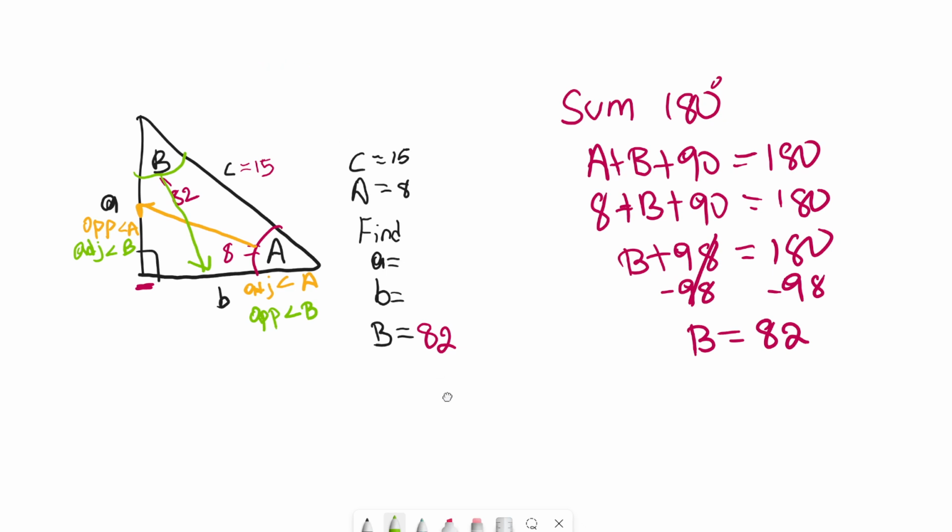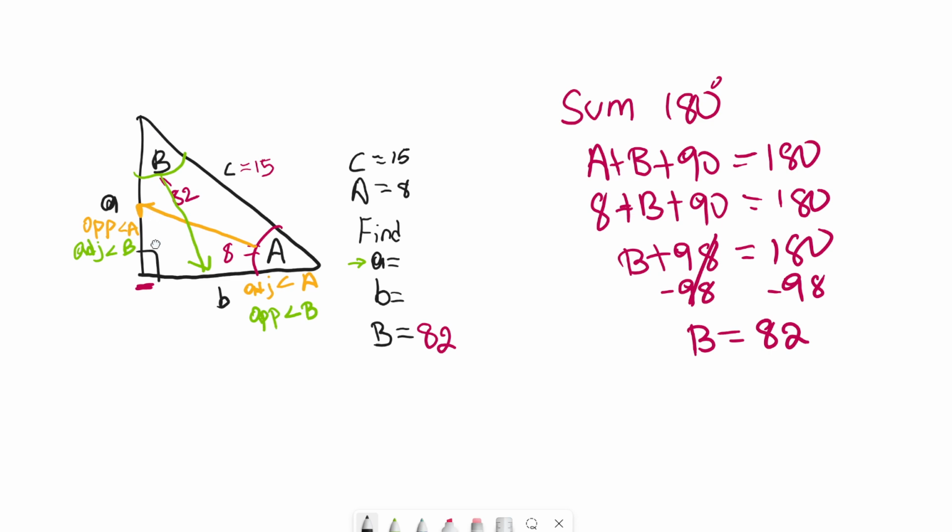Okay? Now, let's say I want to find side A. So I'm going to look for side A, and I want to use angle A. When you're doing a question like this, it's important to note what information you have. We have C, the side that we have, and I'm looking for side A. So I need a ratio that, with respect to my angle A, has the hypotenuse, which is 15, and the opposite side.